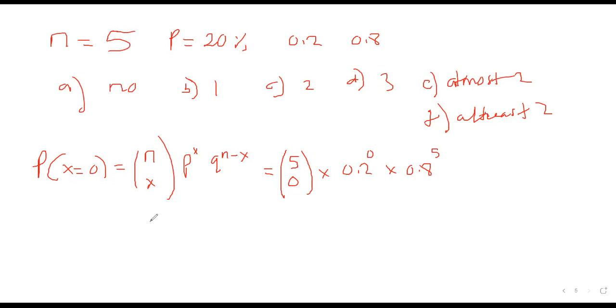So let's do exactly 1 student will pass. So X is equal to 1. What are we going to put there? 5 combination 1.